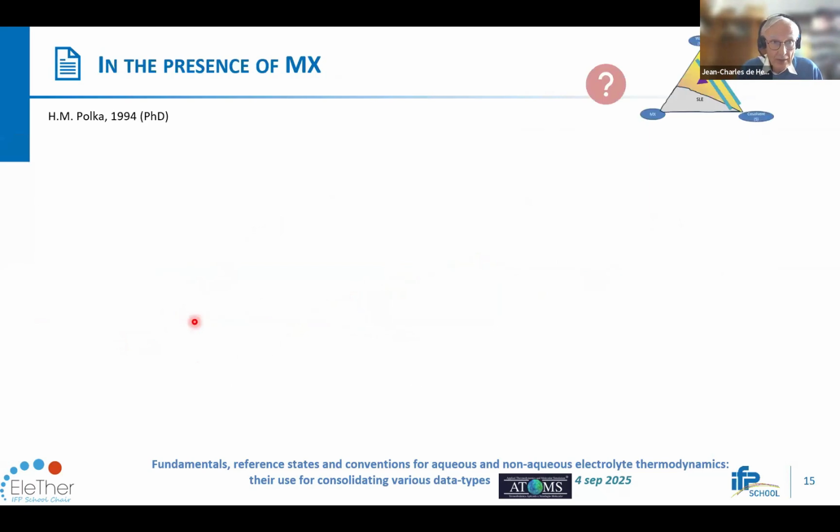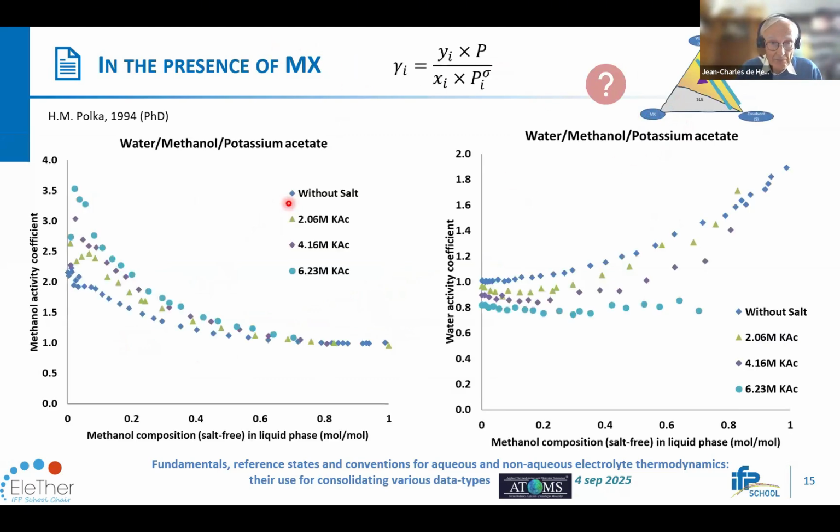Everything is well known. What happens in the presence of salt? MX is my salt here. Here I have some calculations that I took from a German PhD work, water-methanol-potassium acetate, where you see the activity coefficient of methanol on the left.